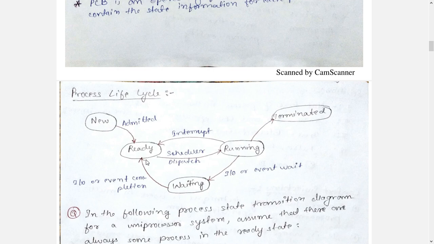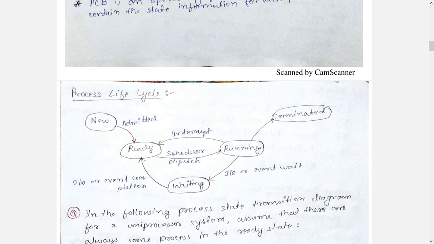As a large number of processes are waiting in the ready queue, when the turn of a process comes, then the CPU is assigned to the process and the process does its execution. When the process is executing, it is in the running state.